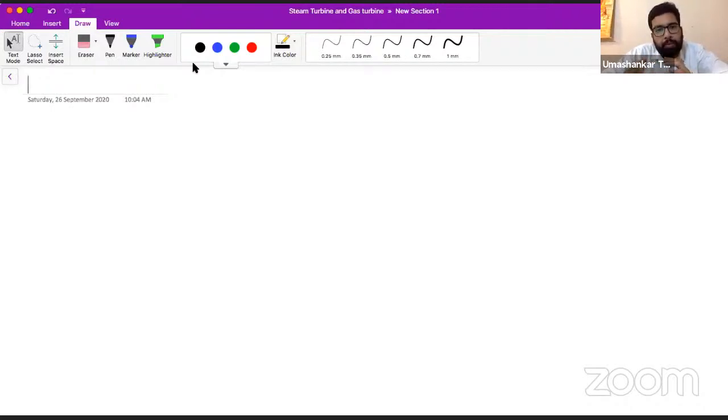Then in further lectures, we saw the nozzles: how the design of a nozzle should be, and what the effect of Mach number on it is. So a kind of compressible flow we have completed in this series only. If you wish to watch the compressible flow session also, you can refer to this series; you will get 90% of what compressible flow is from this lecture series.